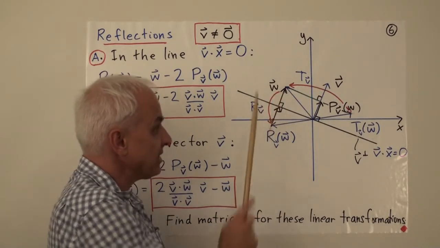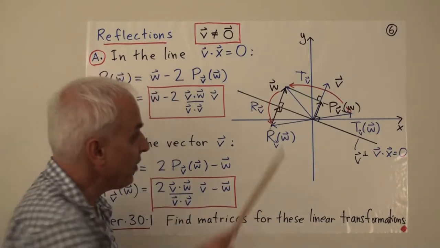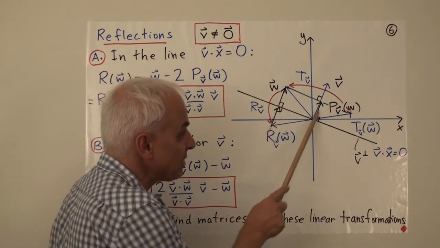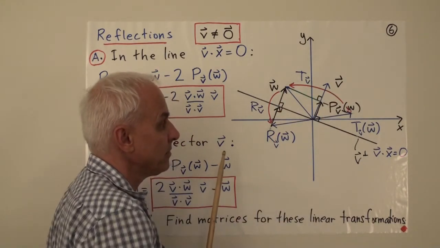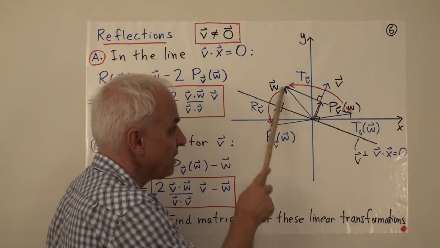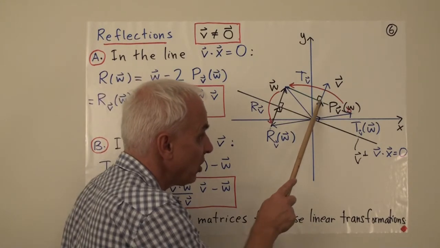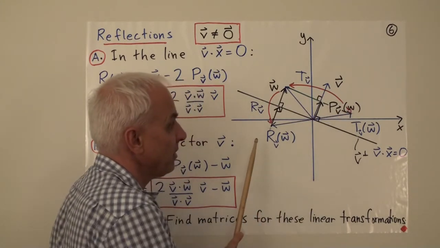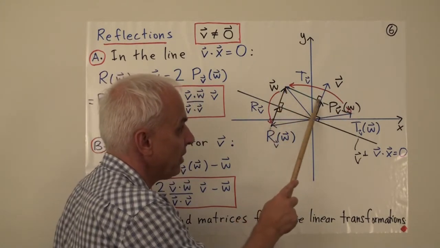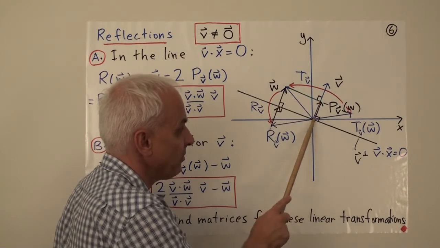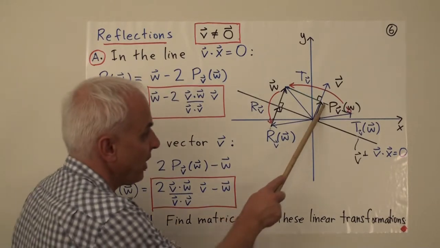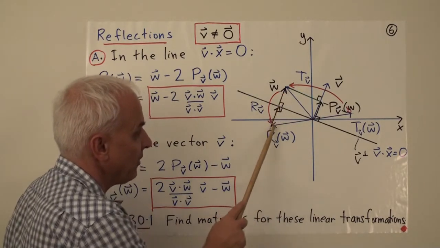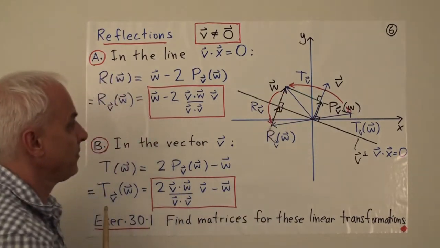And its size is exactly determined by a projection, because this vector here is exactly the same as the projection onto v of w. So here's v, here's w, here's the projection of w onto v. Go perpendicularly down here like this. That's the projection of w onto v. And that vector there is the same vector we're using here, and the same vector that's over here too.